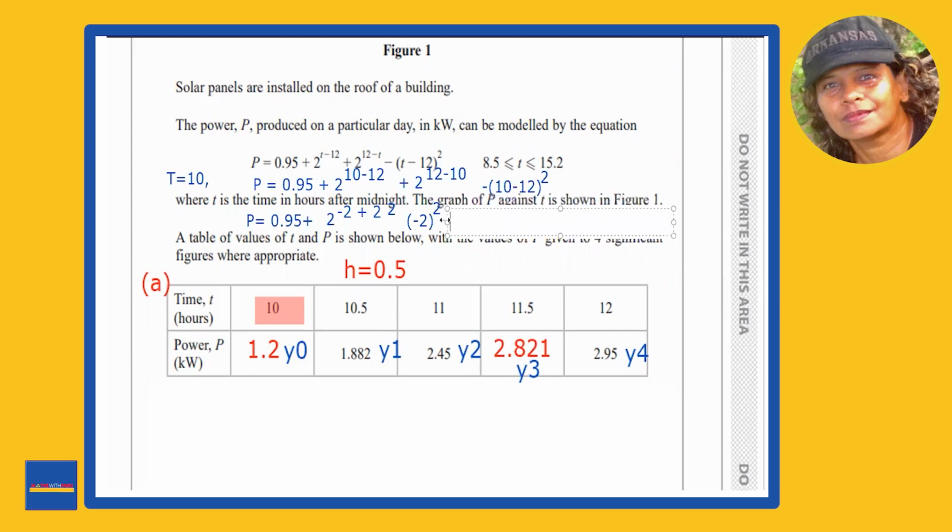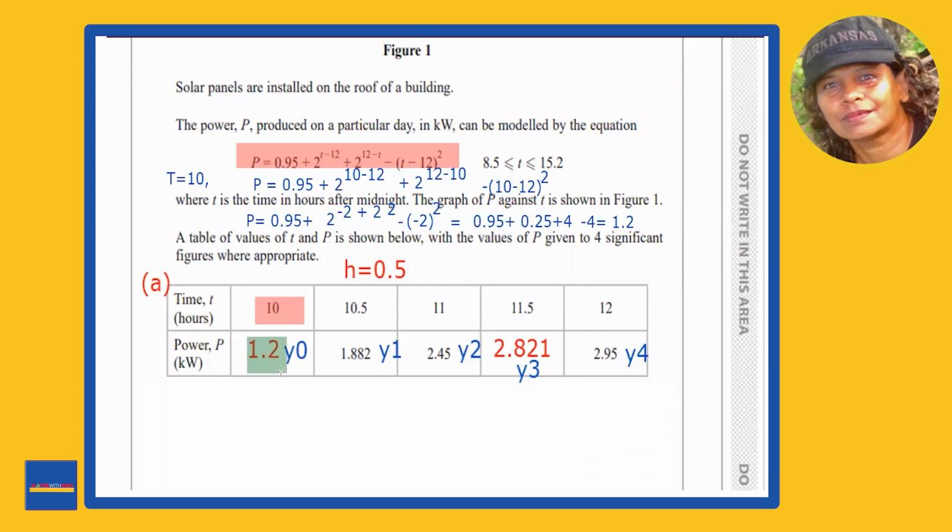This is just a direct substitution of T equals 10 into the given equation. Simplifying, I have 0.95 plus 2 to the power minus 2, which is 0.25, plus 2 squared, which is 4, minus minus 2 squared, which is 4. Adding all of this, I end up with 1.2. And that's how I have this answer of 1.2.